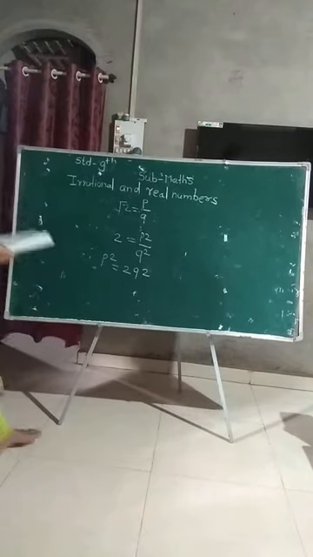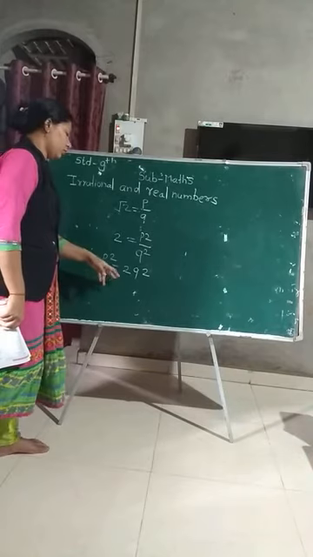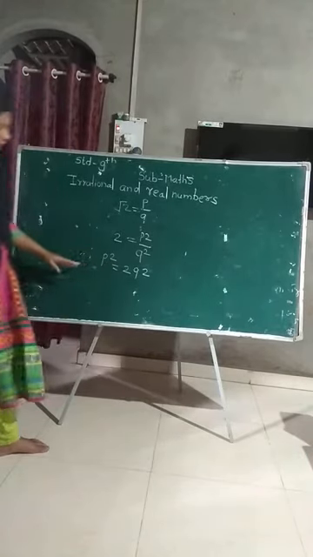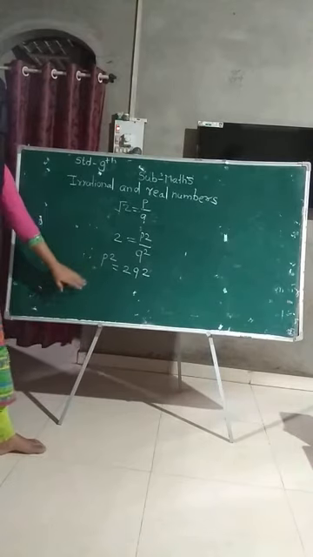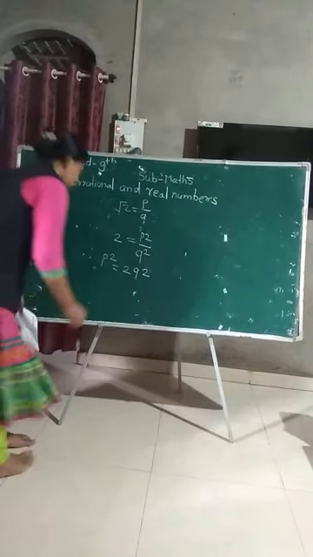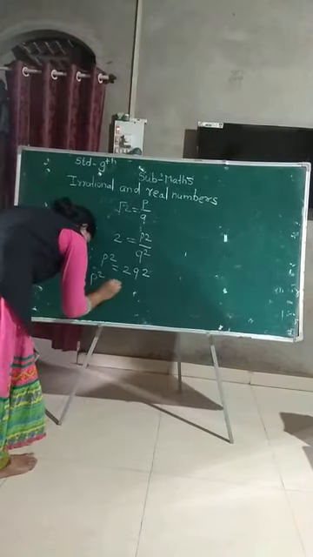Here the coefficient of q square is 2. So it is clear that p square is even.